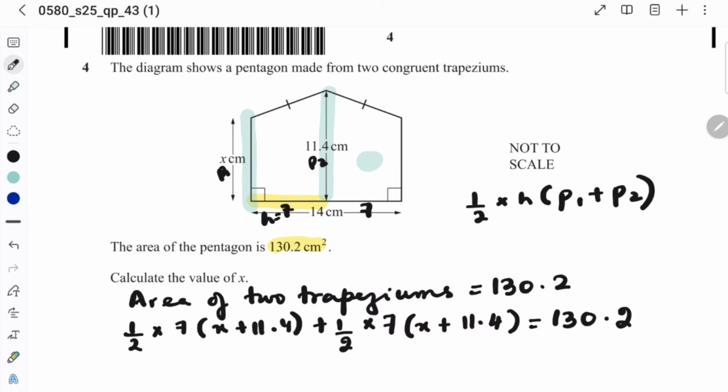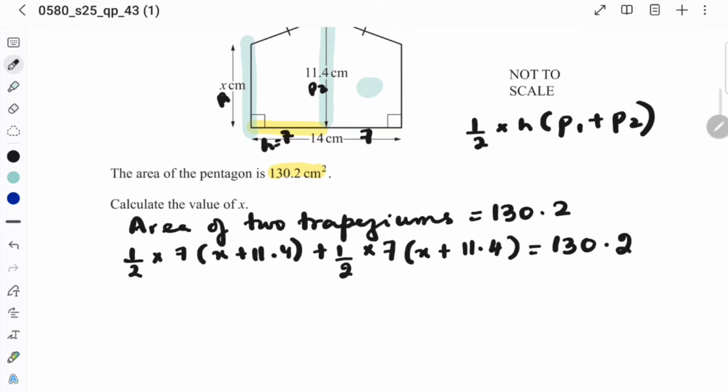Now the half is in both of them, so you can take it out as common. So that is 7x plus 7 times 11.4.